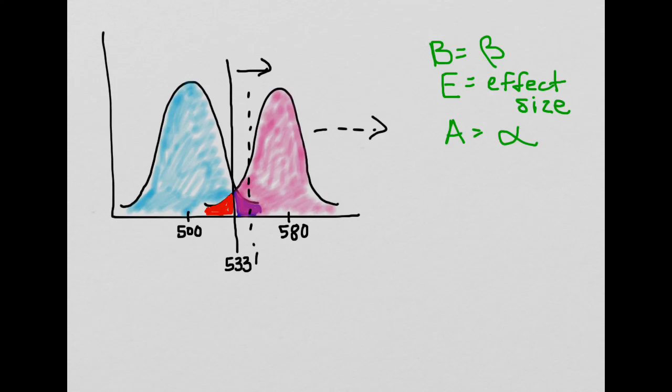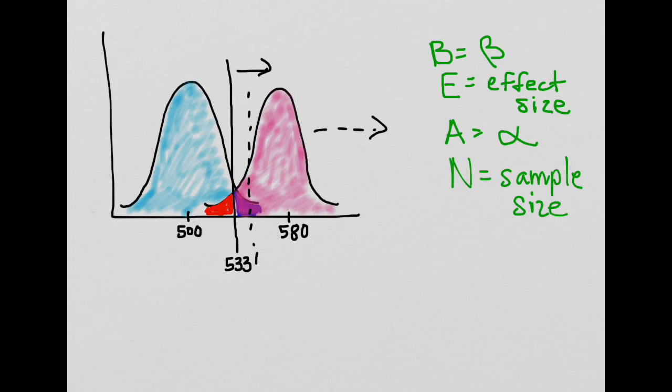And finally, the last piece of the bean puzzle is N, which is the sample size. Now, why is N related?